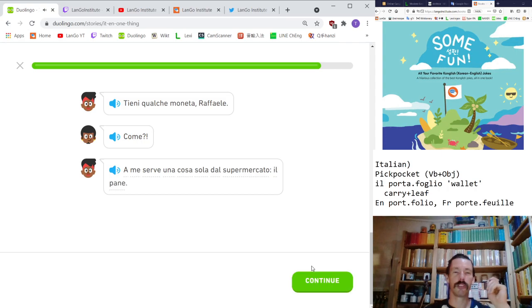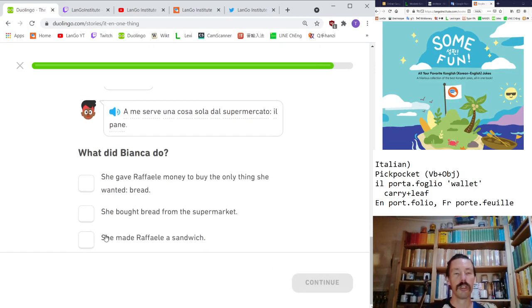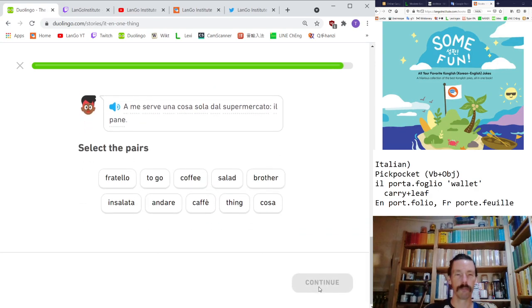Il pane. I only need one thing from the supermarket, the bread. But the only thing she... Oh, wait. Tieni qualche... Here you have some. Okay, she's giving them to him.